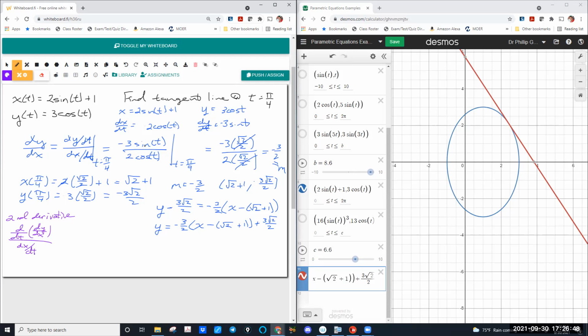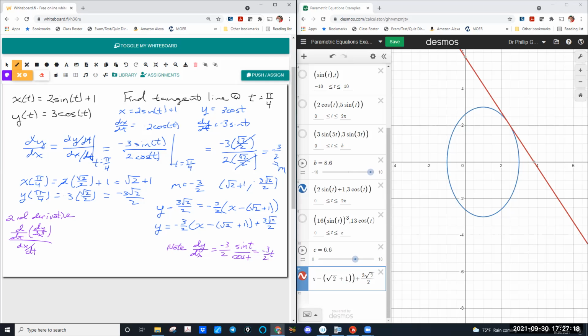And check this out. Remember that our first derivative, let's kind of put it over here, note, dy dx was minus 3/2 sine t. Now you don't have to do this, but anytime we can simplify, we like it. Well, what's sine over cosine? Very nice, it's tangent.